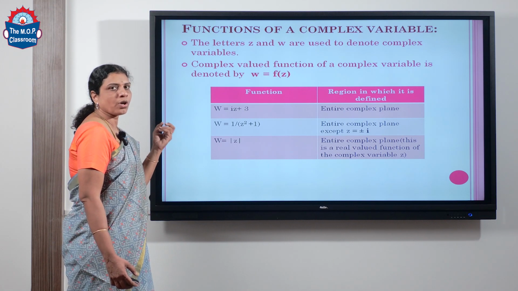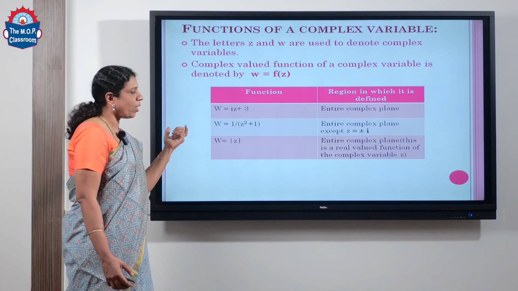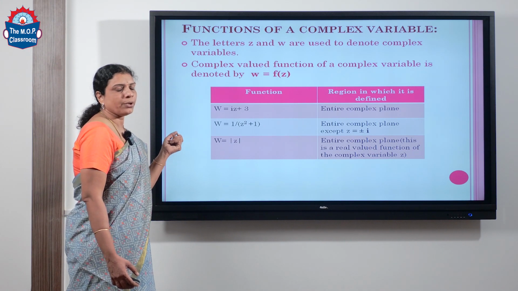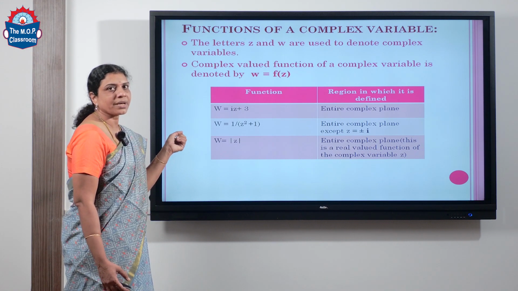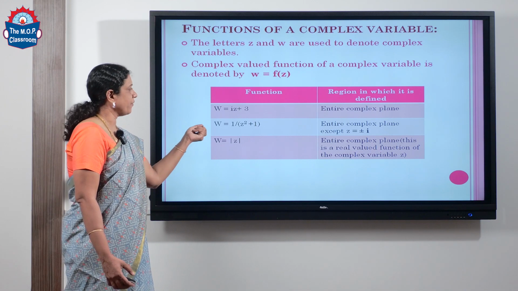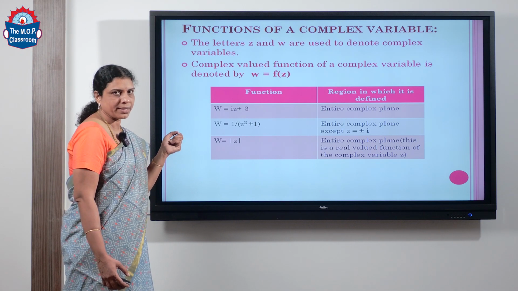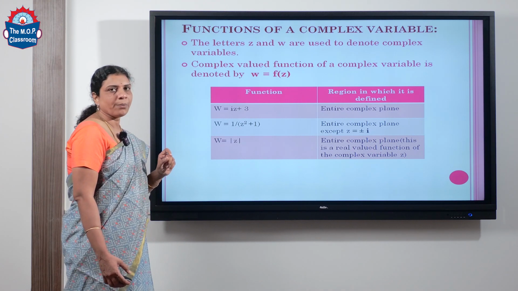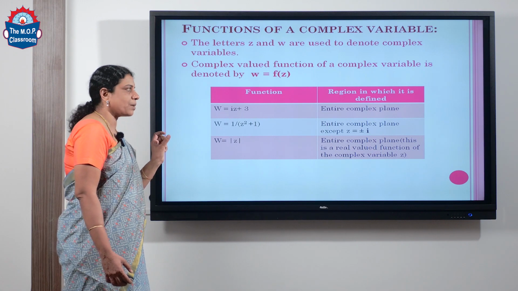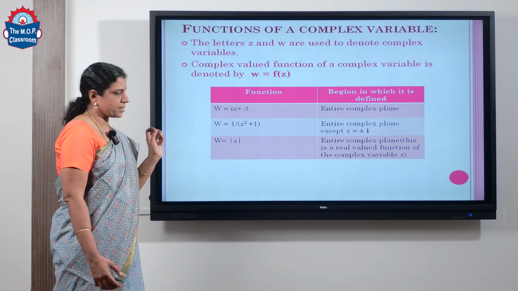But w equals 1 by z squared plus 1 is defined at all points except z equals plus or minus i. If we substitute plus or minus i, z squared, i squared, will be equal to -1. So -1 plus 1 will be equal to 0, and 1 by 0 will be infinity. So the exception points are z equals plus or minus i.